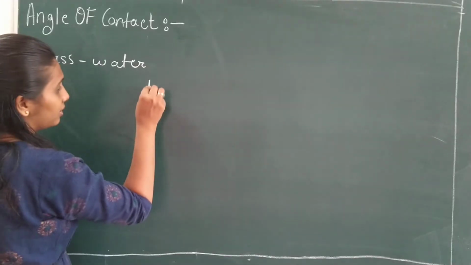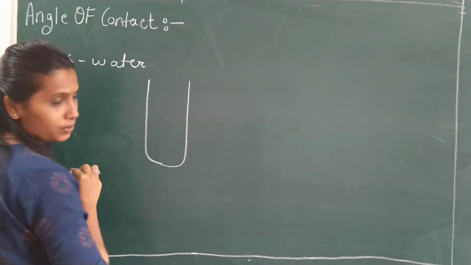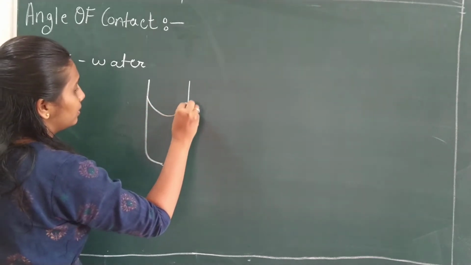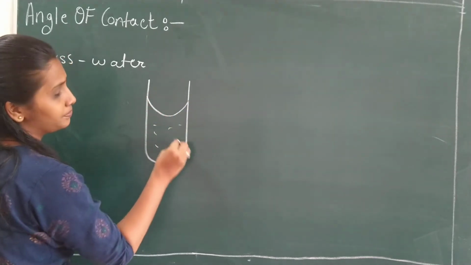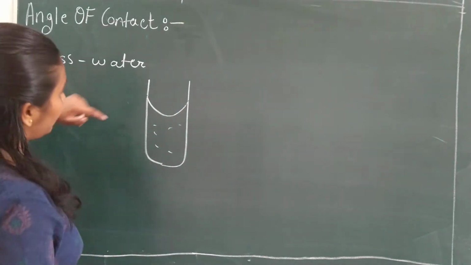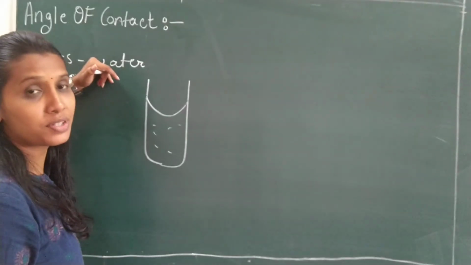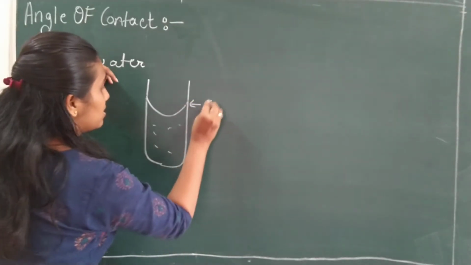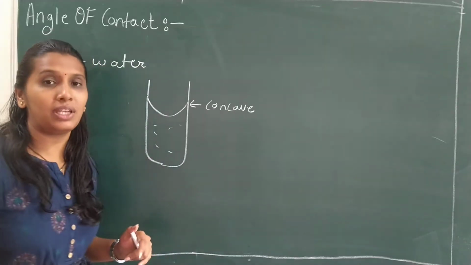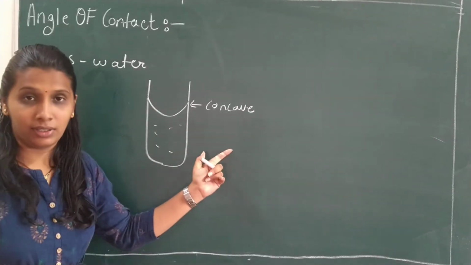Suppose I take a U-shaped glass tube in which my water is filled. This is my water and this is my water meniscus. Obviously, you can see this meniscus of water is concave. So my meniscus shape in the case of the glass-water pair is concave.